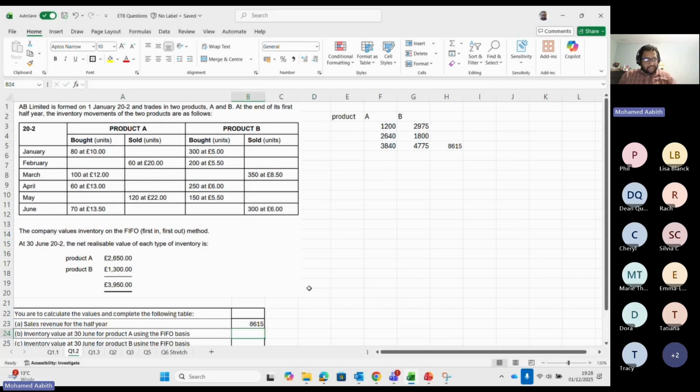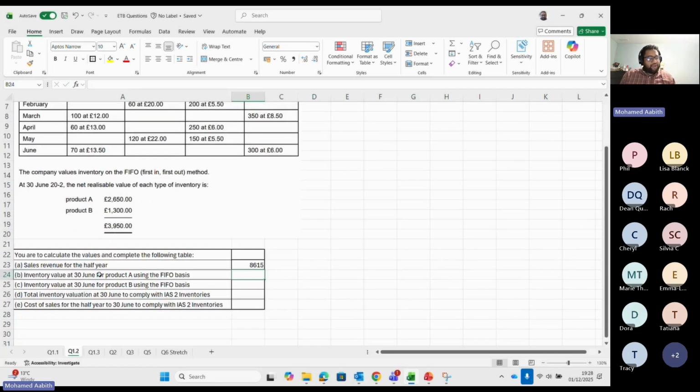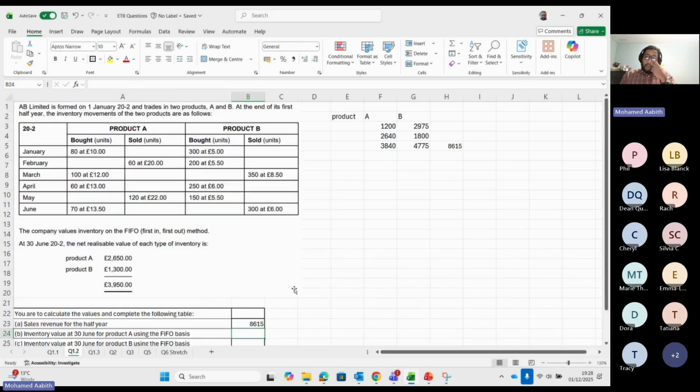But the biggest question is how we value the inventory on a FIFO basis for product A. So what we're going to do now, we're not going to look at the selling prices. We're only going to look at the costs.